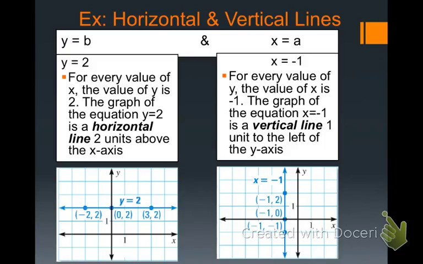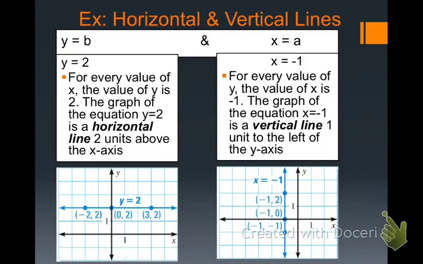So when you see that, you know that you can just draw a straight horizontal line across at y = 2, or if you forget, you can always plot points. So here they've just done (-2, 2), (0, 2), and (3, 2), and then just connected the dots.